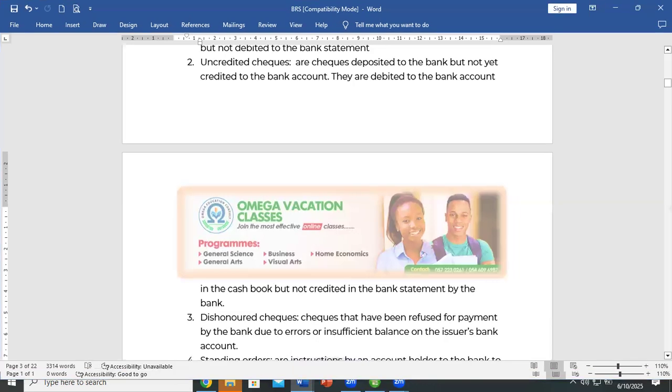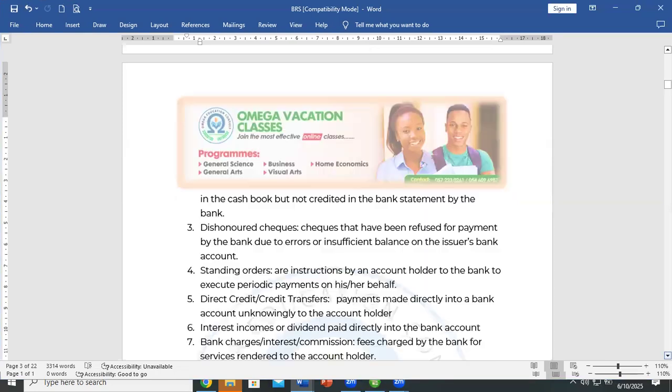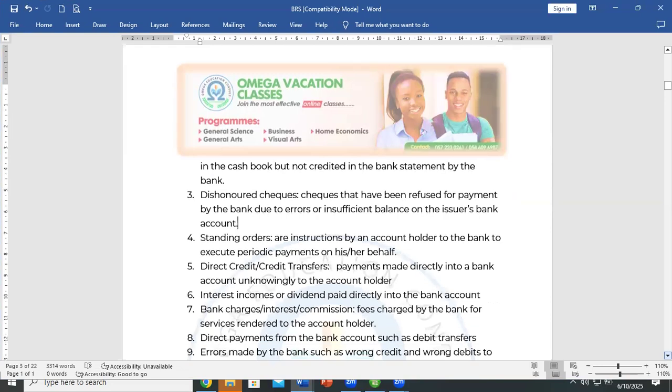When we talk of a standing order, it is an instruction, okay? An instruction to a bank for the bank to make some periodic payment on your behalf. Some of the customers can do this automatic renewal and subscriptions, okay?